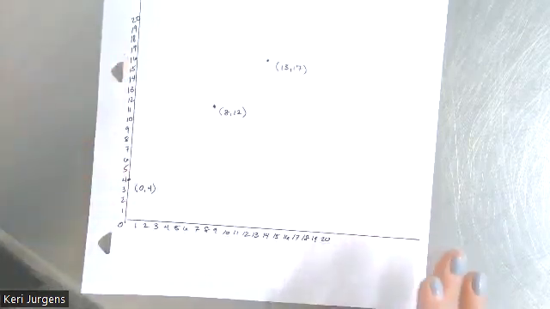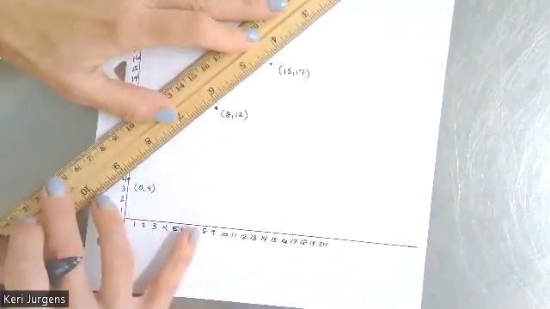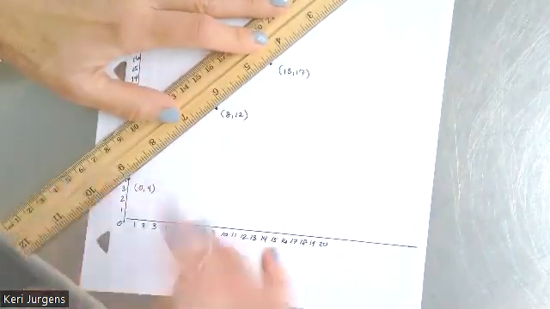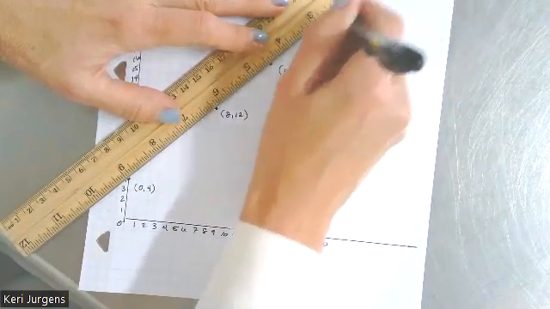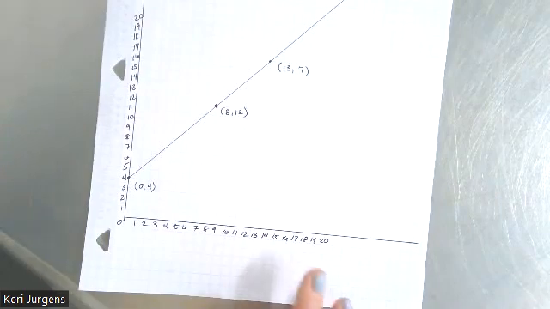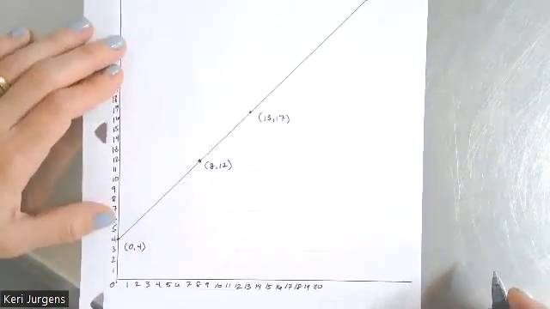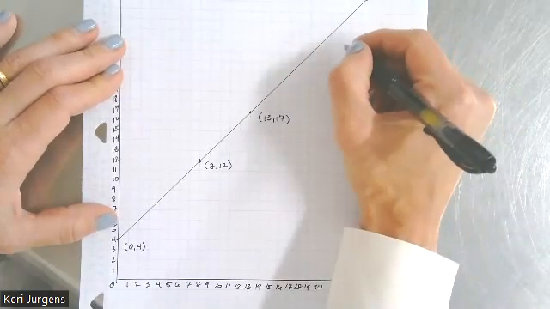Okay, once I've got those 3 points, I need 3 points to be able to connect and make a graph. So let's go ahead and use our ruler to connect that line. Okay.